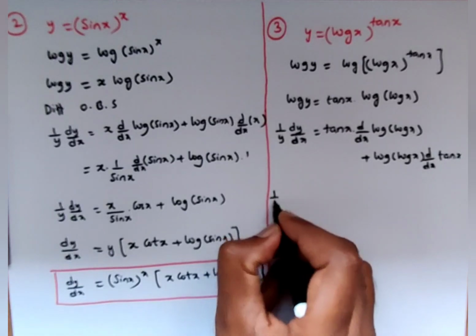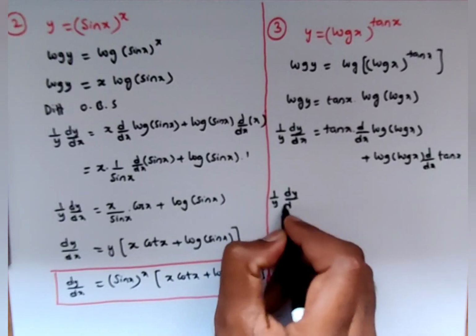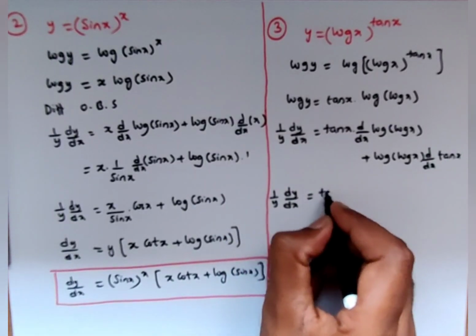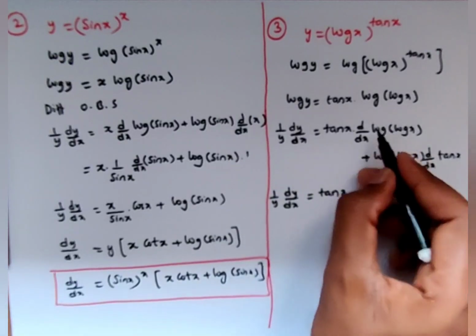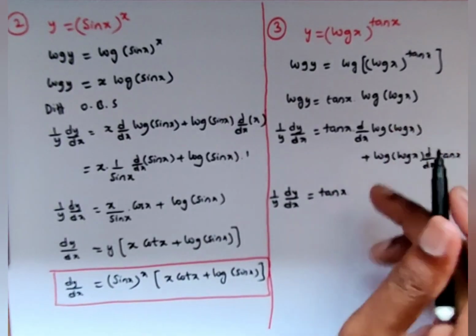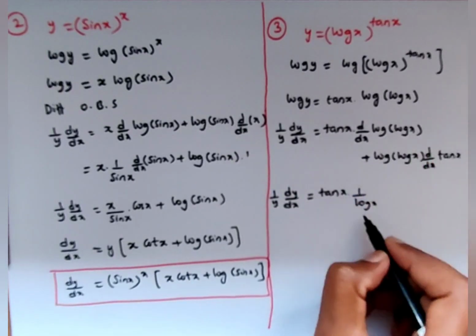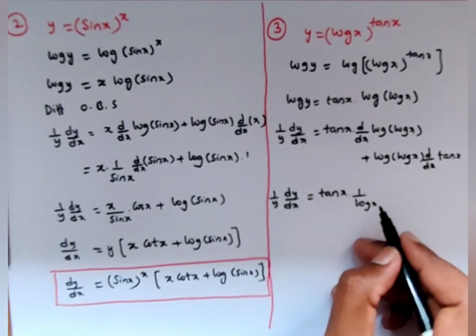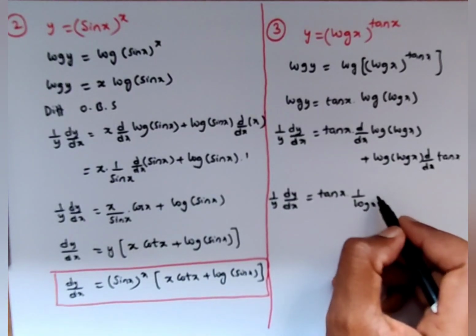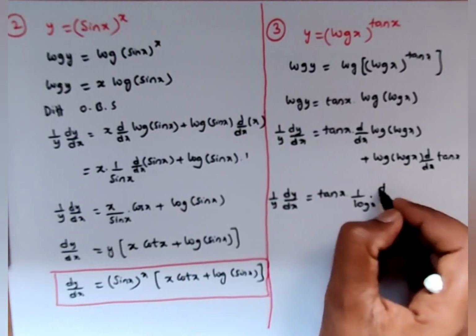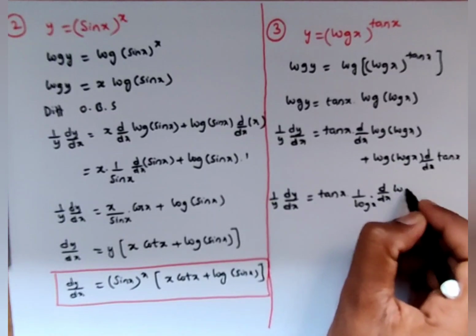Now 1 by y into dy by dx is tan x into the derivative of log x, so that it is 1 by log x into the derivative of log x.